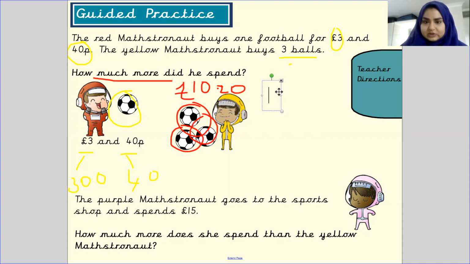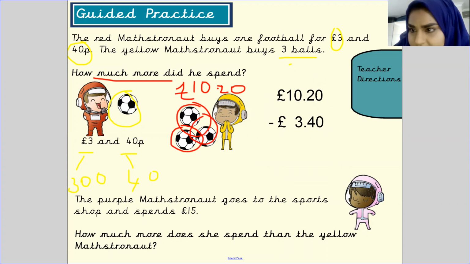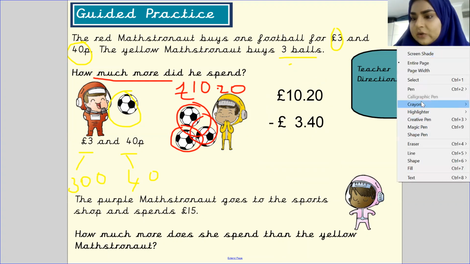So I'm going to do my subtraction now. So £10.20, okay, take away, remember my place value, yeah, £3.40.